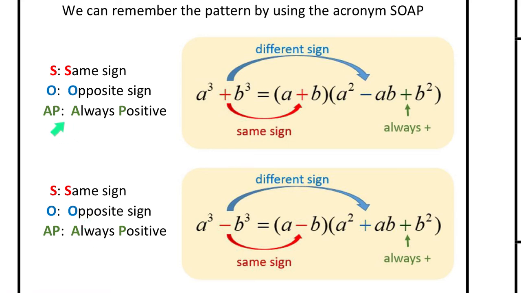And then the last thing, the AP, always positive. In the second parentheses, the last term is always positive. Okay, so it's same, opposite, always positive.